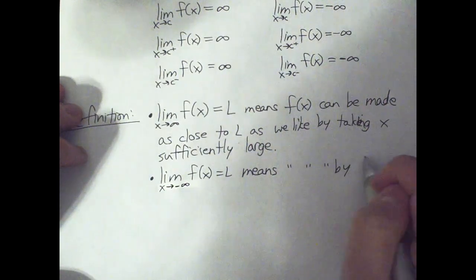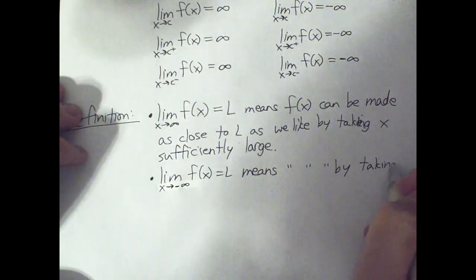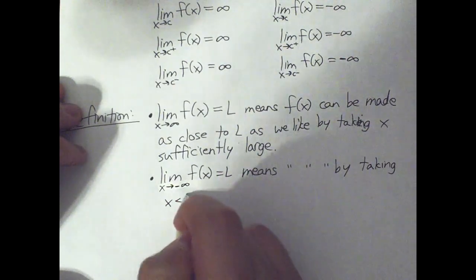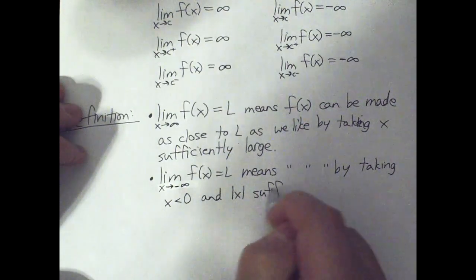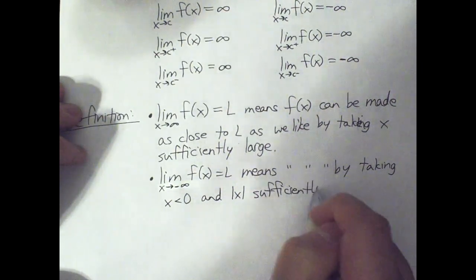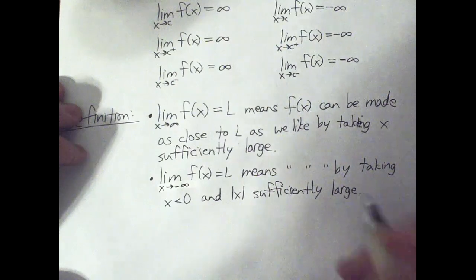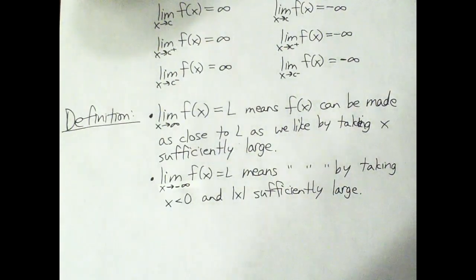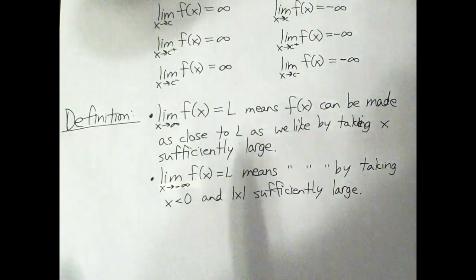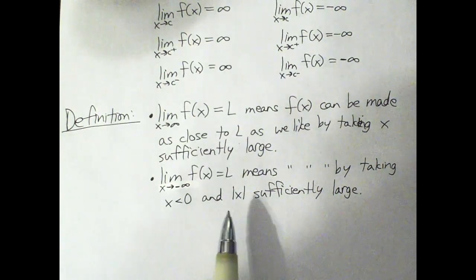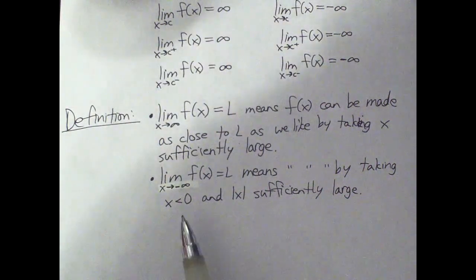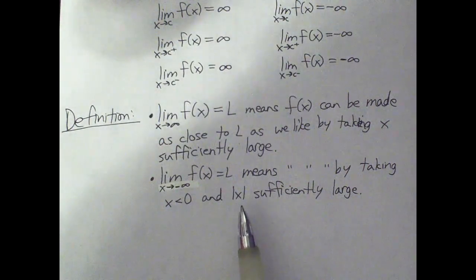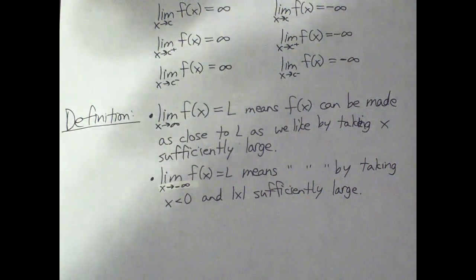What's different is this is by taking x to be less than 0 and absolute value of x sufficiently large. So this time we want x to approach negative infinity. So we want x to be negative and its absolute value is very large. Again, we're thinking of numbers like negative a trillion. It's definitely less than 0, and its absolute value is getting sufficiently large.